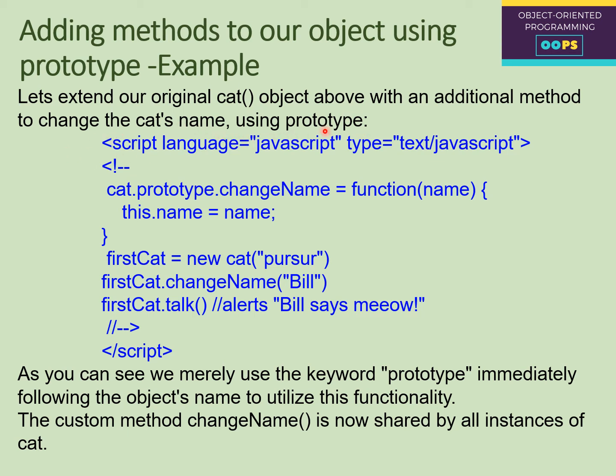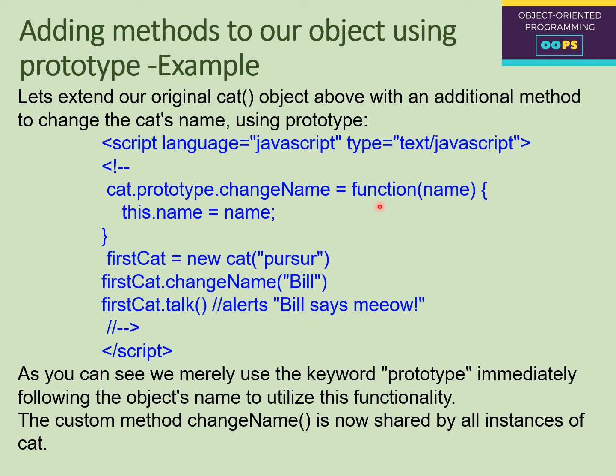So we already saw the cat function, and the cat function has a constructor, and it mentions a property name, and it has a function called talk. So we are trying to add something to the corresponding cat function.